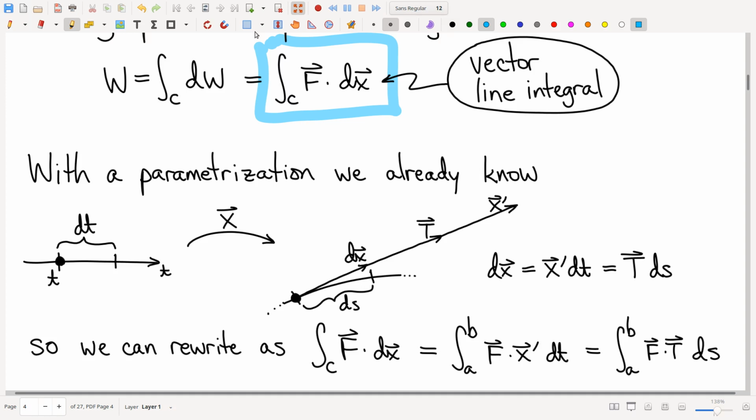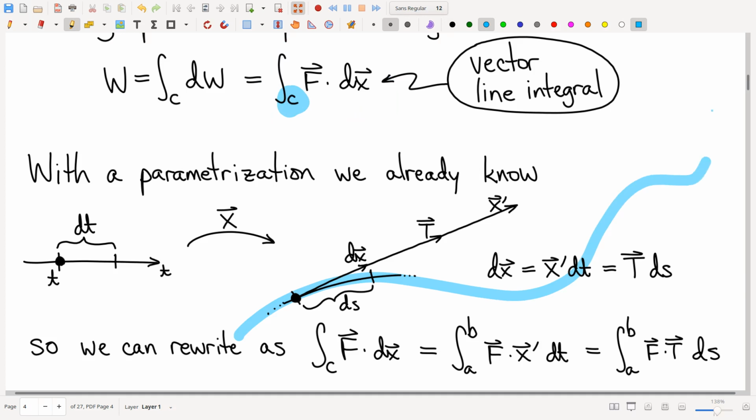Well, we've seen this situation before where we have a domain that we don't like for whatever reason. In this case, because it's a curve, because it's dimensionally wrong. This is a one-dimensional thing in a two-dimensional world. And that's weird. Okay. So what do we do? We view it as an image.